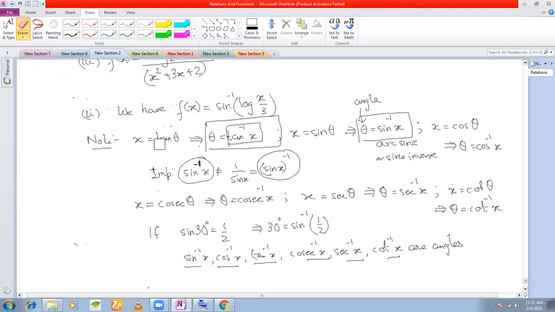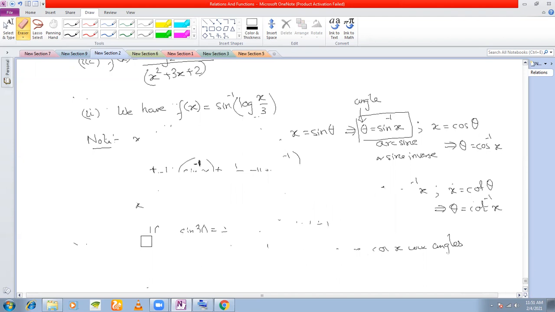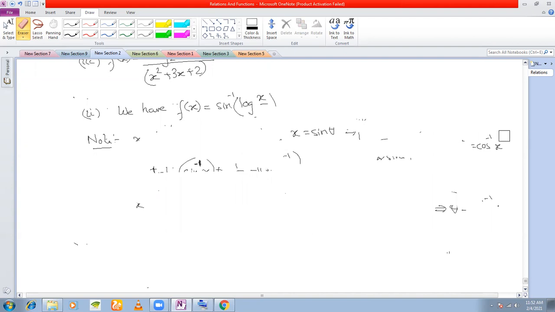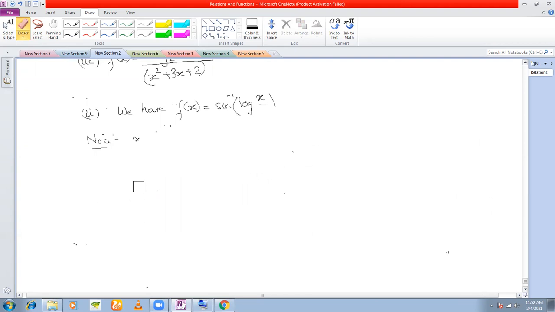Now one very important point, especially in case of sine and cos, that you must know in order to solve this problem and find the domain, is to recall from trigonometry that when x is equal to sine theta, sine theta lies between which two values? What is the range of values of x?